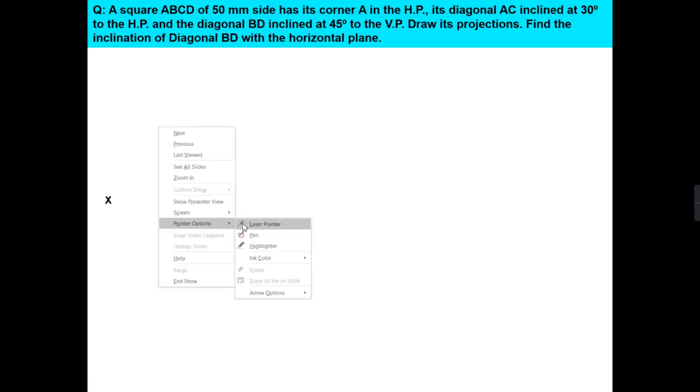So in the top view, we are getting the true shape of the square, and I will draw the square like this. Means you can say it is like a diamond shape, so that when the plane is inclined to the horizontal plane, your corner should be in the plane itself.